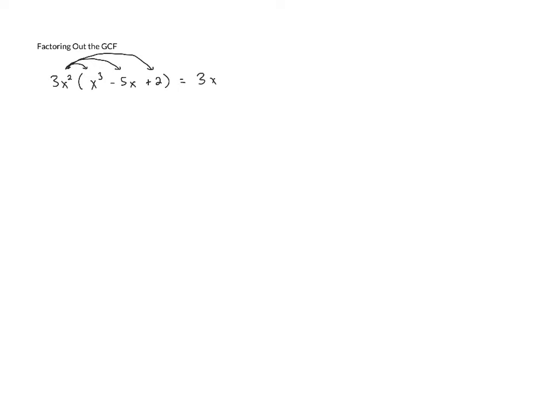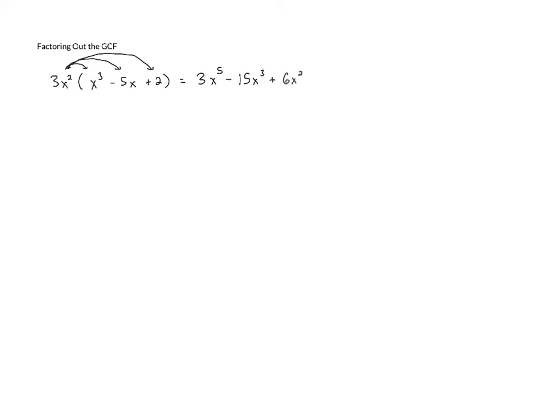That gives us 3x to the 5th. Then we're subtracting, so we have minus 3x squared times 5x gives us 15x cubed. And then we have plus 3x squared times 2 is 6x squared.